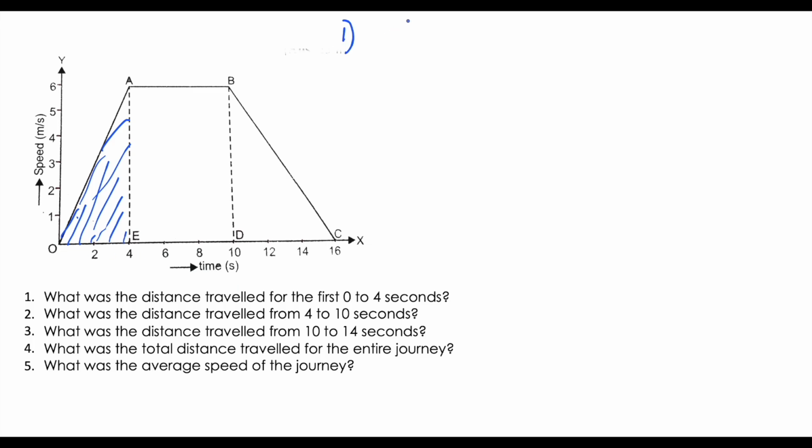So we have here a triangle. From here to here is 0 to 4, so the difference is 4 seconds. And the height is what? 6 meters per second. That's the max speed at this point. I can use a triangle's area to work this out, because I know that this acceleration is constant.